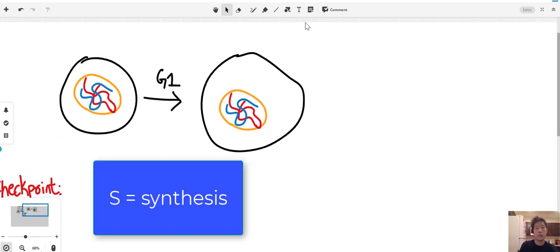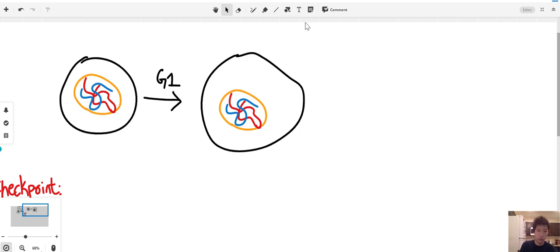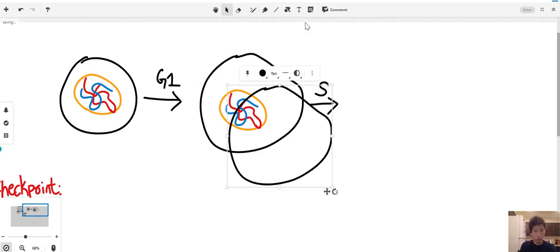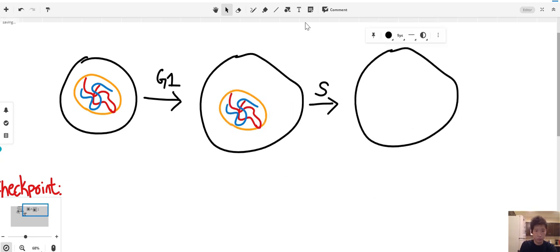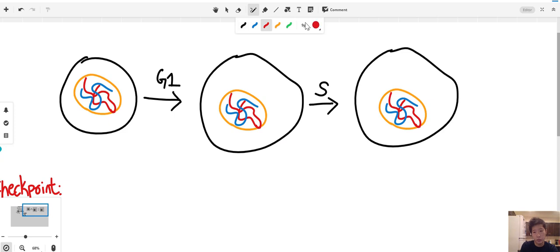So S phase, S stands for synthesis. So this is when the DNA is going to be copied. So we're going to go into S phase. And we're copying all of this DNA here. So I'm going to draw extra DNA in here.